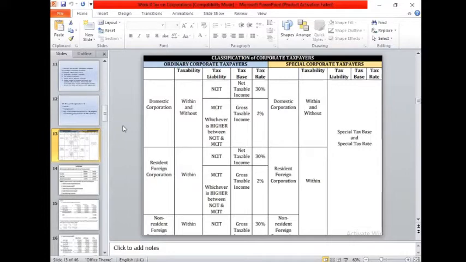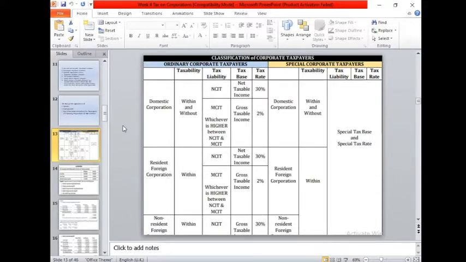And for the non-resident foreign corporation, income in the Philippines is also subject to Philippine corporate tax, and the tax base is the gross taxable income. The tax is the normal corporate income tax, which is 30% of their gross taxable income.